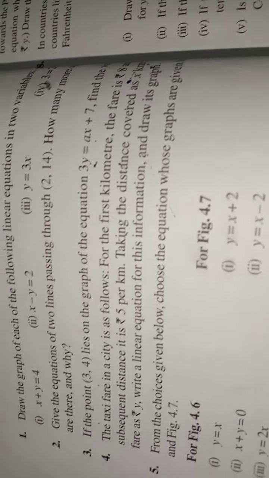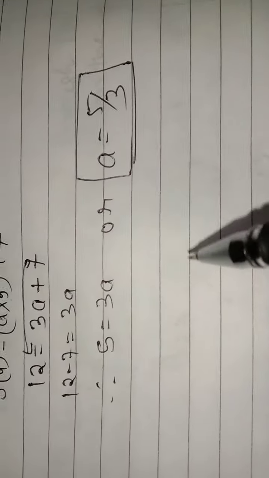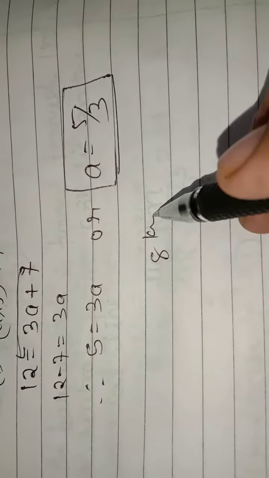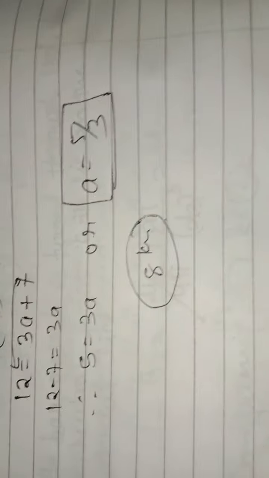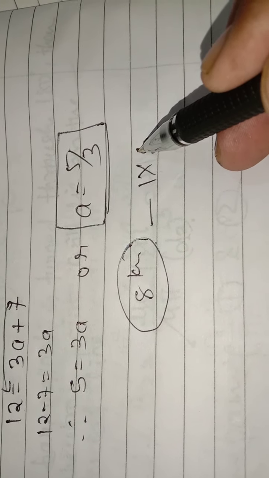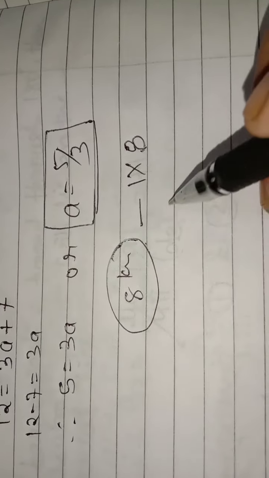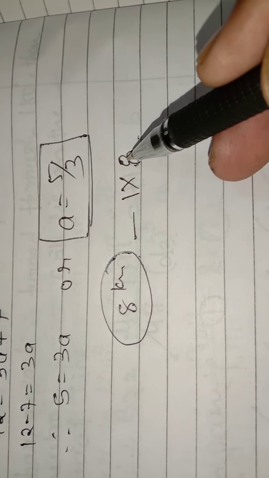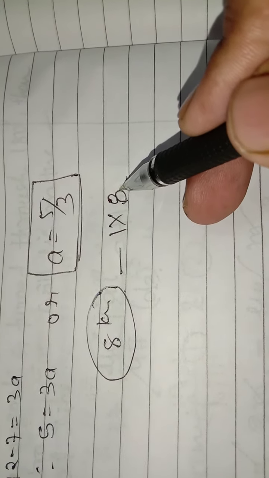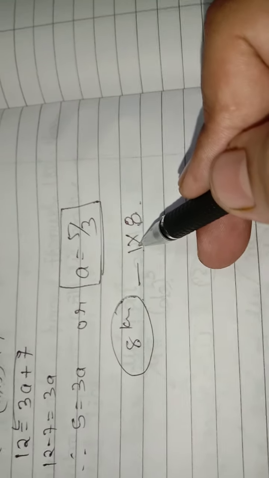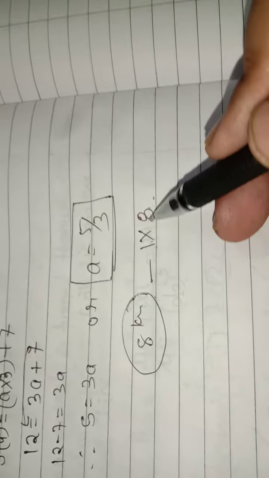So let me explain the meaning of this. Suppose a person has to travel approximately 8 kilometers. When he hires that taxi, for the first kilometer he has to pay 8 rupees.